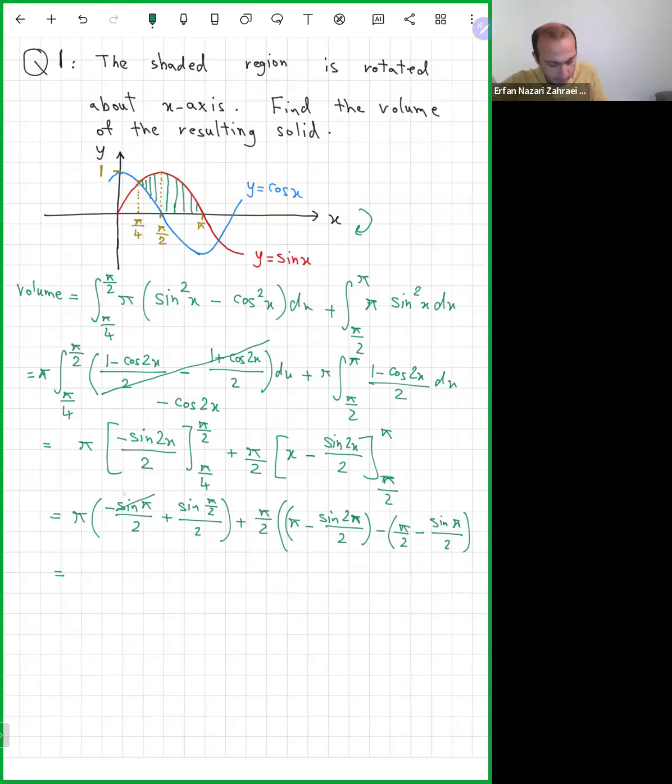Sine pi, it's 0. Sine pi over 2, it's 1. Sine 2 pi, it's 0. And sine pi is also 0.